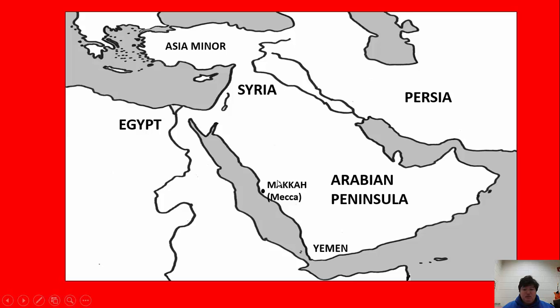Now we need to label this city. It can be pronounced one of two ways. It can be pronounced Makkah, which was the original spelling and pronunciation, or many Muslims and everyone today refers to it as Mecca. So either one is correct, and that's a city here on the western coast of the Arabian Peninsula.